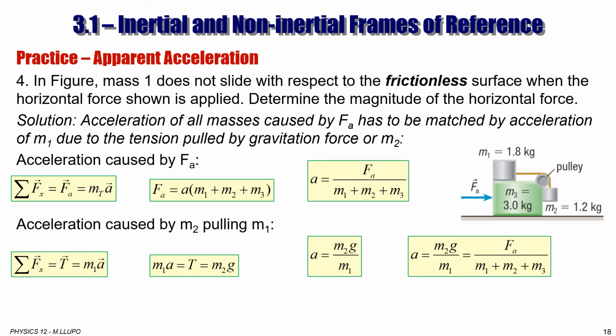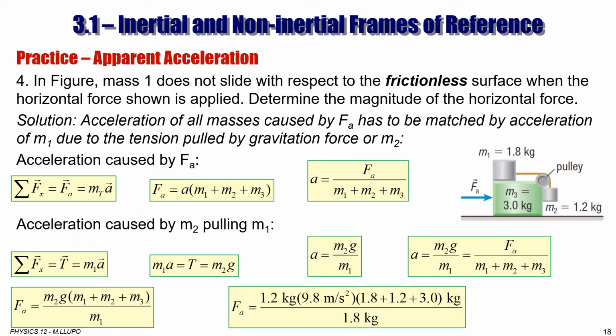So from here, we can calculate Fa, which is m2g, open bracket, m1 plus m2 plus m3, close bracket, divided by m1. Then we have everything to solve the problem. Then you can plug those numbers in a calculator, and we can find the applied force is 39 Newton.